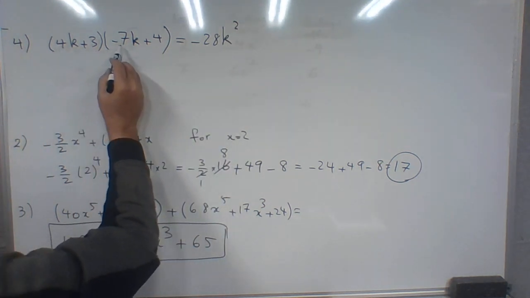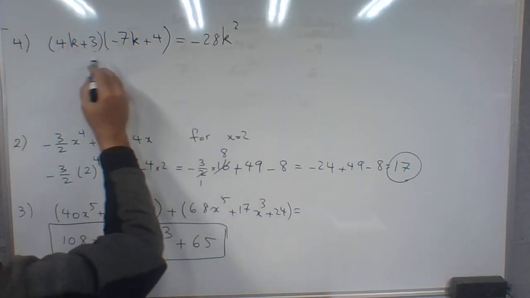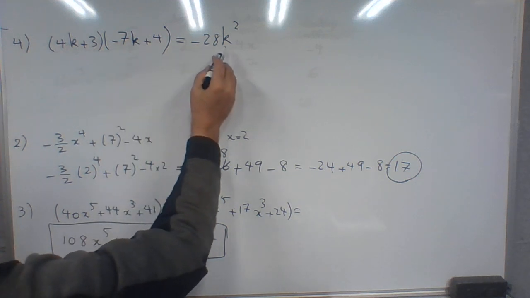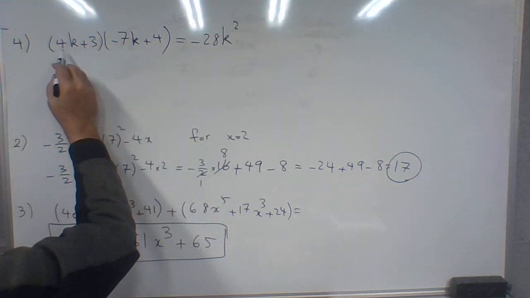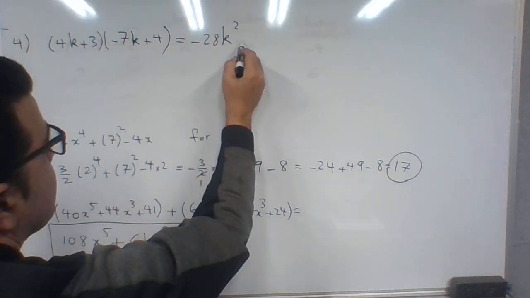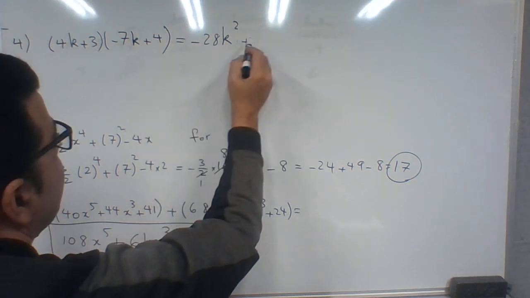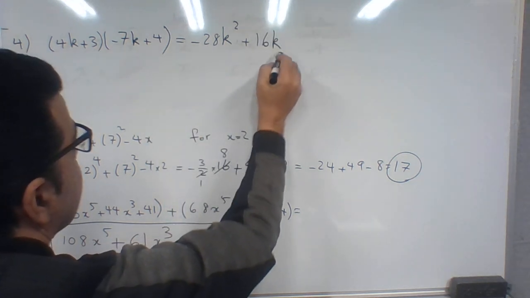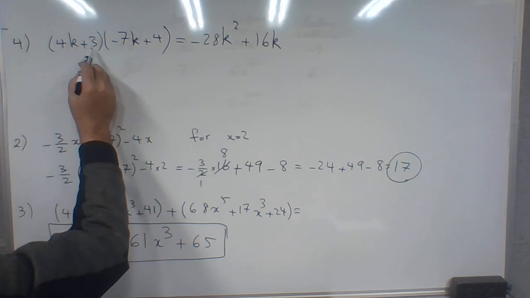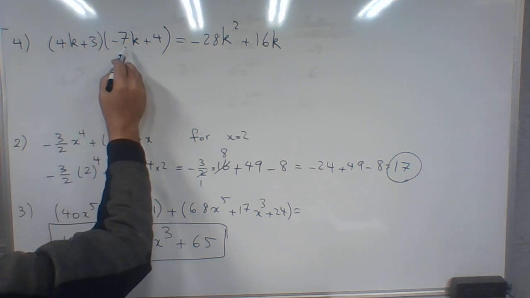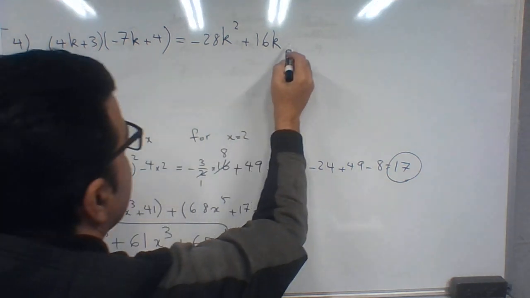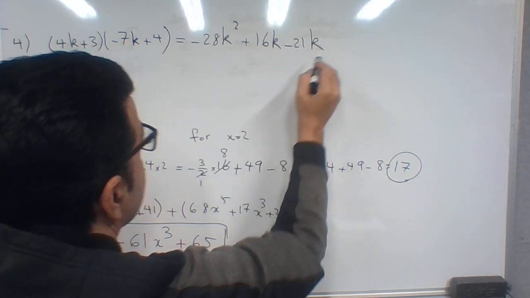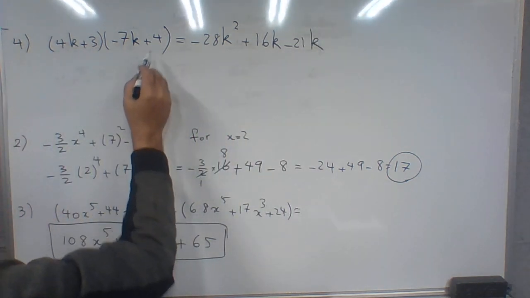Because 4 times negative 7 is negative 28, and k times k is k squared. Now 4k times 4. So it is 4 times 4, 16k. Now we go to term 3. 3 times negative 7k. So it is minus 21k. And 3 times 4 is 12.